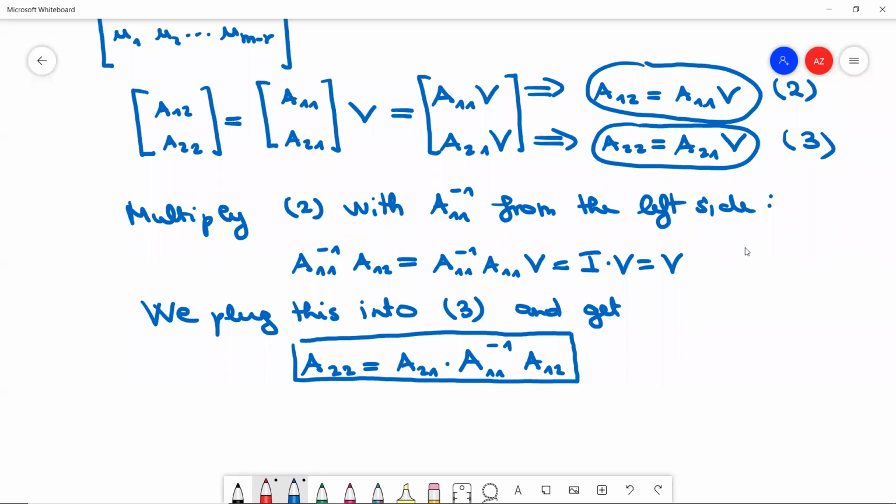That's true. But for now, we only covered the case when this rank is in fact reached in the left upper corner. And the other case which remains is the general case. So it's not necessarily true that rank of A will be the same as the rank of A11.